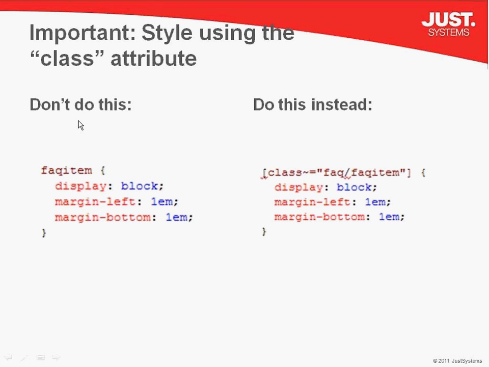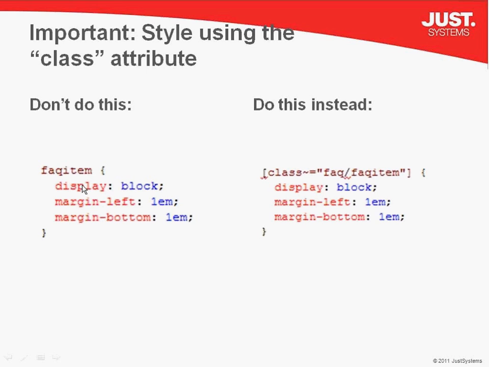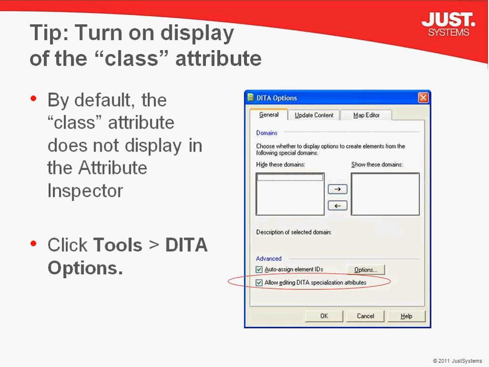Okay. One tip that's important is to style using the class attribute. What we found is that if you try to style based on just the element name, it often doesn't work. So you do need to style based on the class attribute.